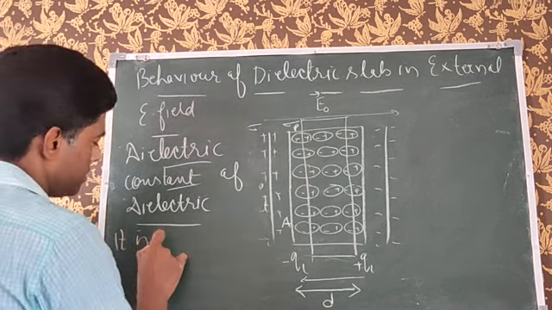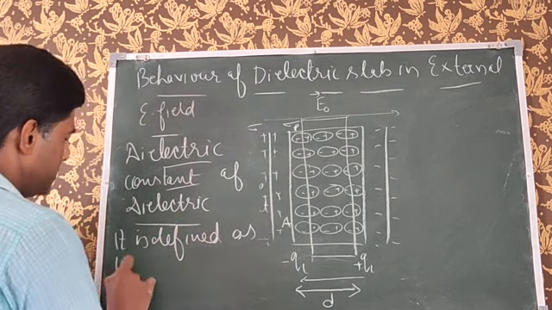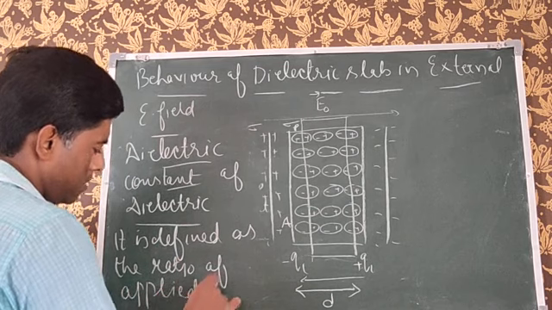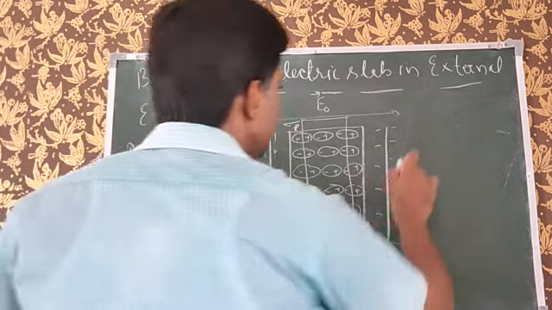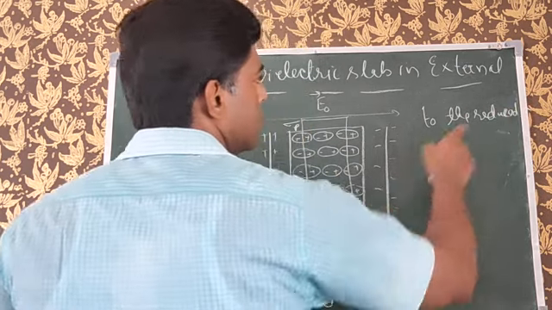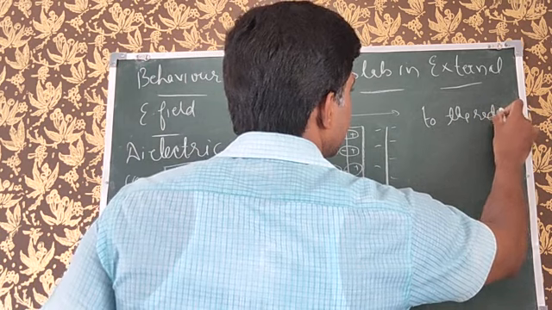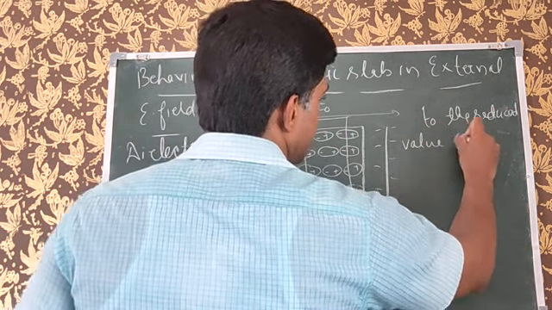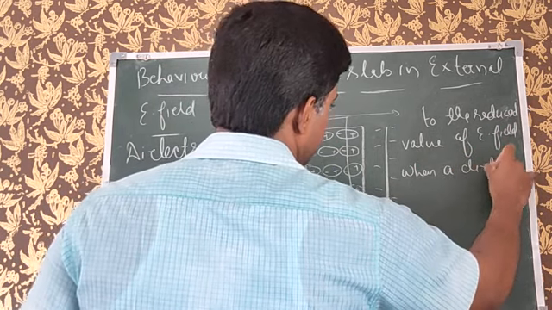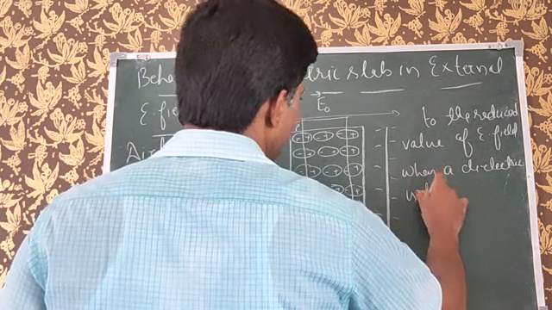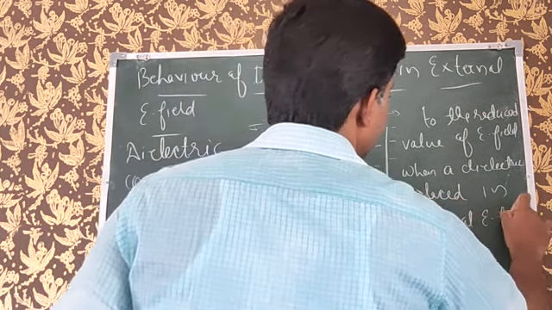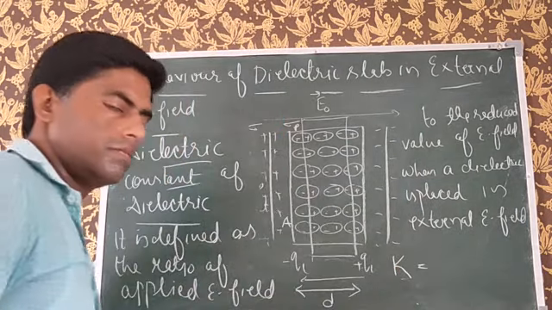It is defined as the ratio of the applied electric field to the reduced value of electric field when a dielectric is placed in an external electric field. It is represented with K.